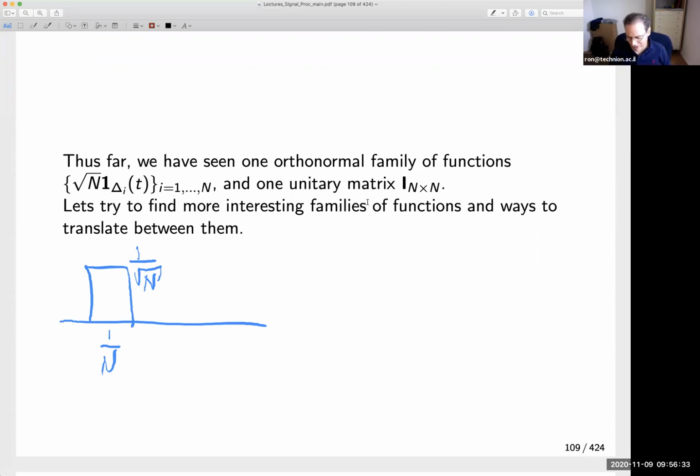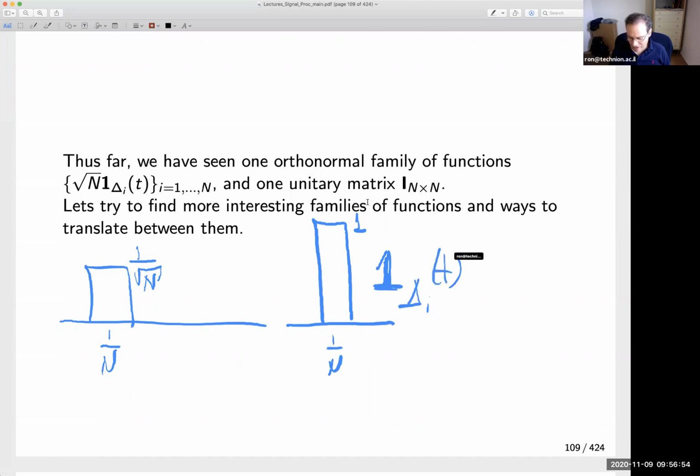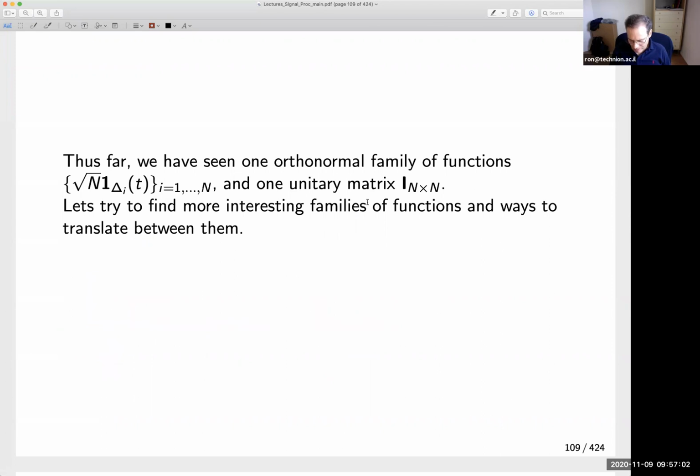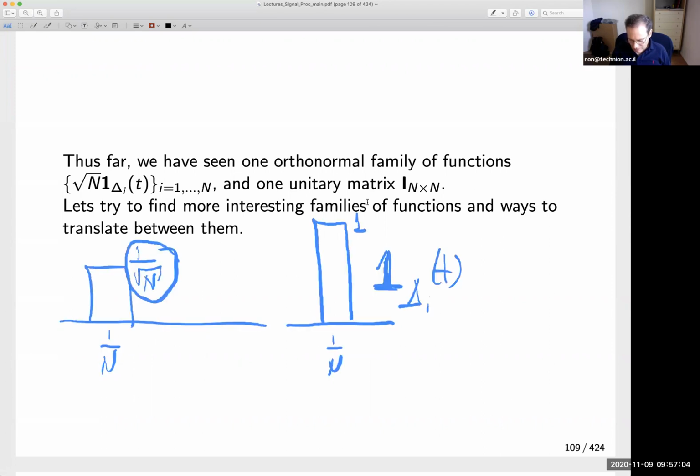And I denote this function, when this is 1 over n, as boldface 1 over the interval delta_i. And this is why I had to multiply it by square root of n.